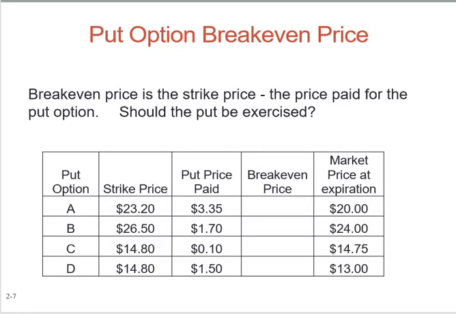Here we're doing a little exercise where we're calculating the price paid for the put option. Should the put be exercised is a separate question. So what is the break even? Remember, the strike minus the put price is the break even. The first one is $23.20 minus $3.35.